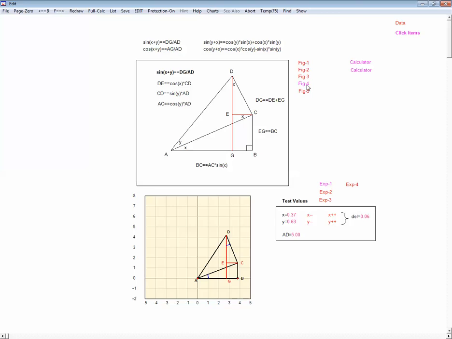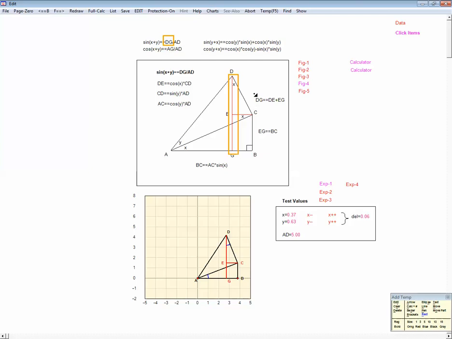All right, where does the plus come from? Well, remember, DG plays an important role in our calculation of the sine of x plus y. And DG is this line here.